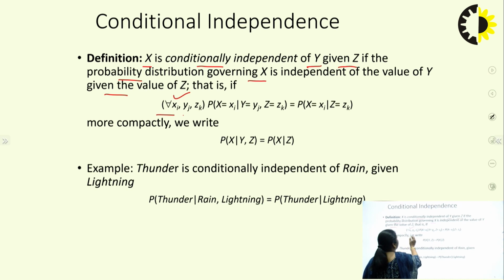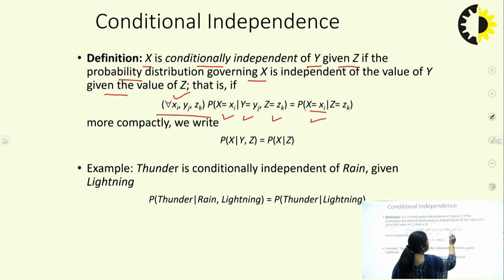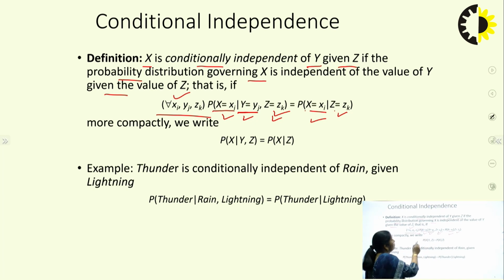What does it mean? It means that for all Xi, Yj, Zk, the probability that X equals Xi given Y equals Yj and Z equals Zk is equal to the probability that X equals Xi given Z equals Zk. When Z equals Zk is given, it is independent of the value of Y. X is conditionally independent of Y given Z. So when the value of Z is known, the probability of X is independent of Y. This is conditional independence.